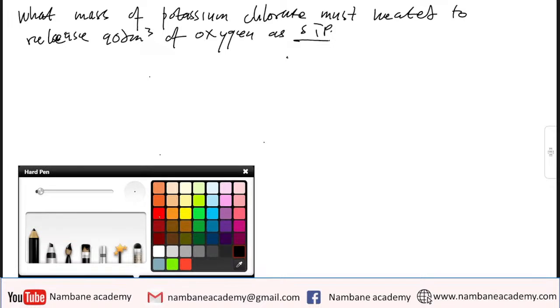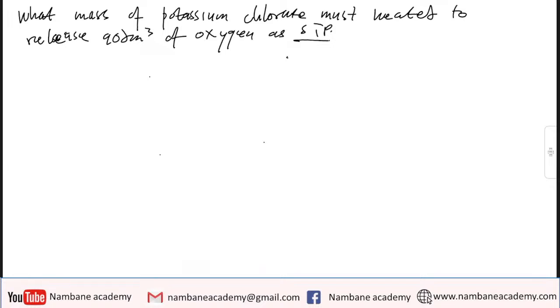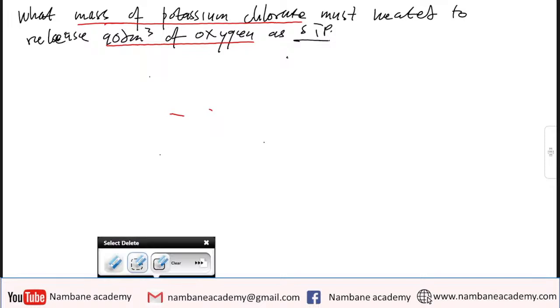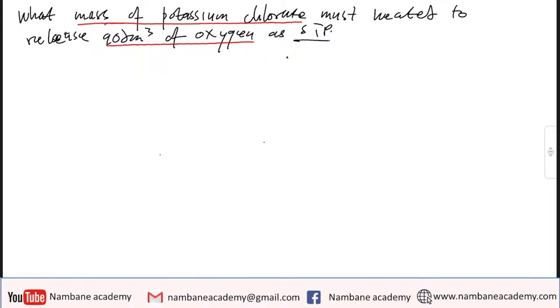Now, the very first step, ladies and gentlemen, we agreed that we need to check what information is given. The very first information is the question wants us to calculate the mass of potassium chlorate. But the information given here is for oxygen at STP. So what does this say to me? This says basically to me, if I am given the volume of oxygen at STP, I can calculate the number of moles of oxygen using V over VA.